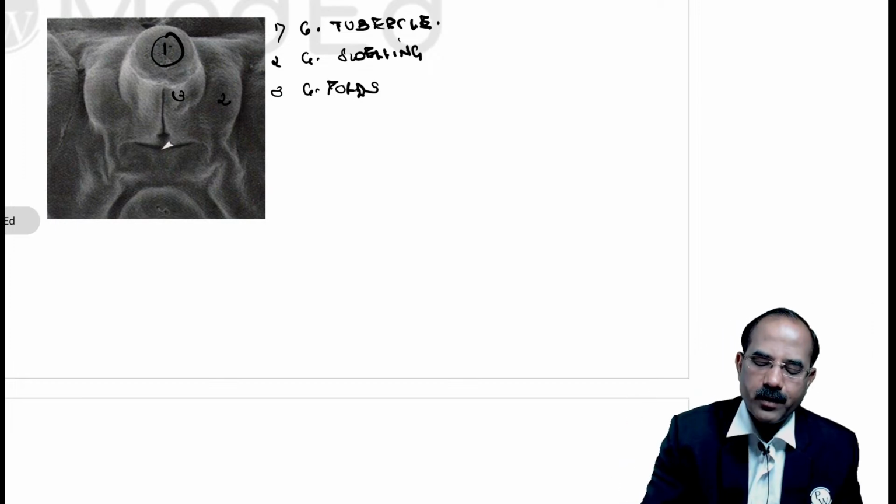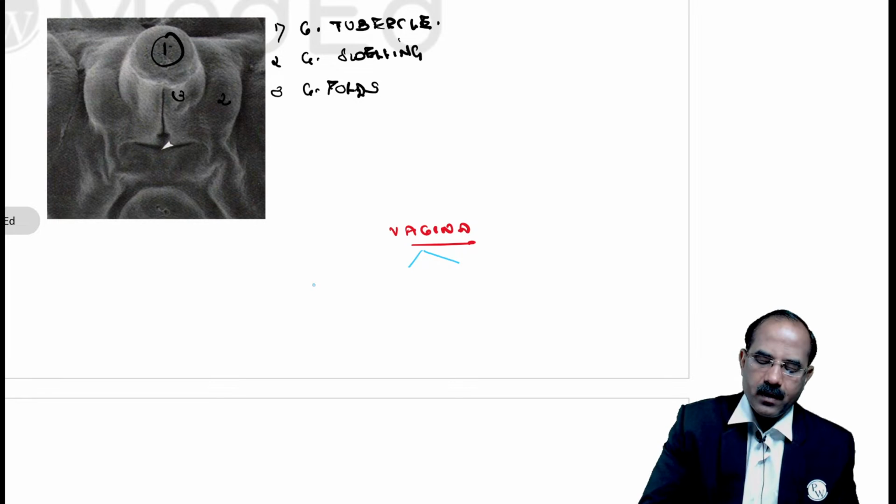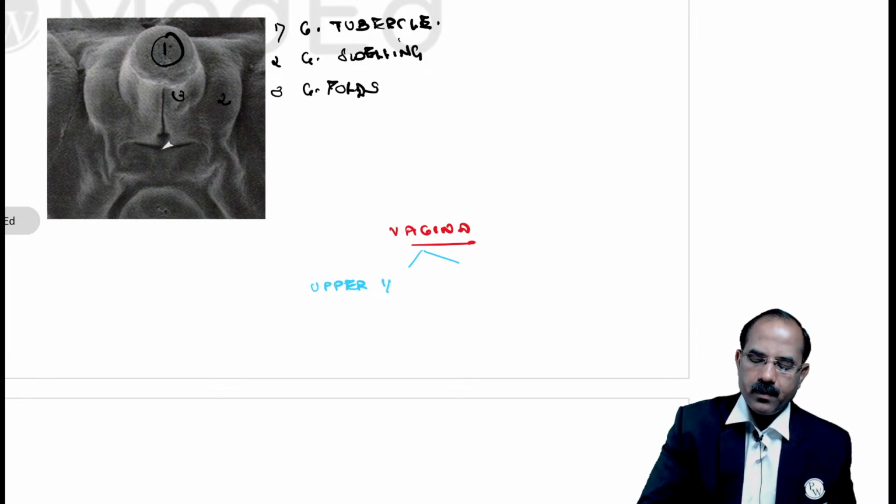Vagina is derived from two sources. We make it like this: upper one thirds, the lower.